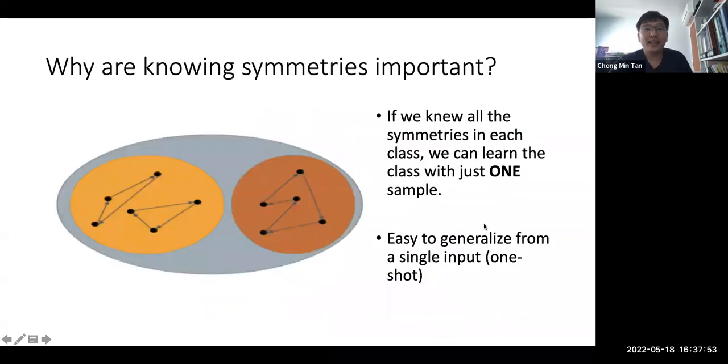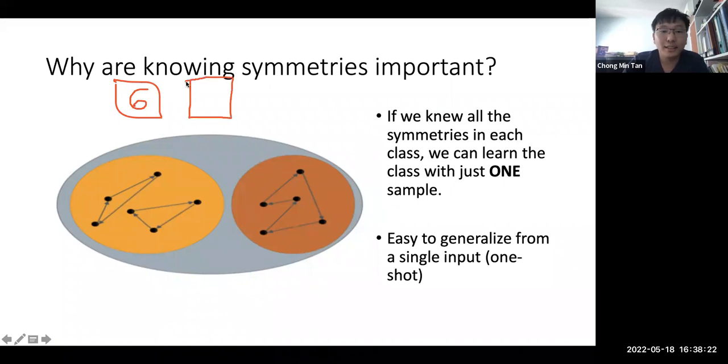Okay, first, I want to start with the importance of this topic. It's to convince you that geometric deep learning is important for generalization and a lot of other things. Imagine this: if you knew all the symmetries present in your data set, for example the MNIST data set, it will have a 6 here, and maybe also a smaller scale 6.